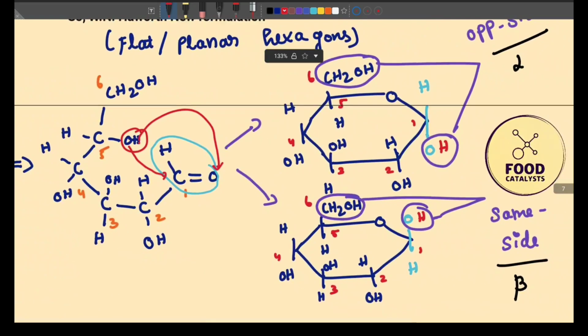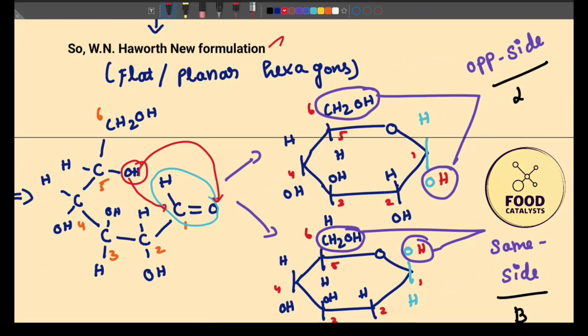As you can see, it is attaining a cyclic structure. As I told you, there are two forms, alpha and beta, right? If it is represented in this cyclic manner, and the OH is present on the downside, it is on the opposite side from the sixth carbon. This is an easy way to understand.